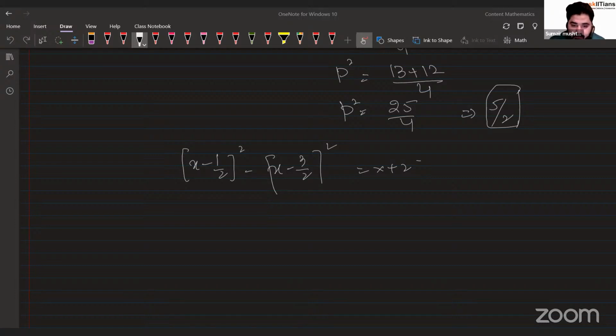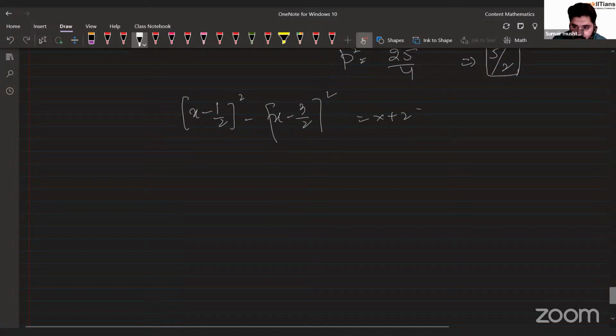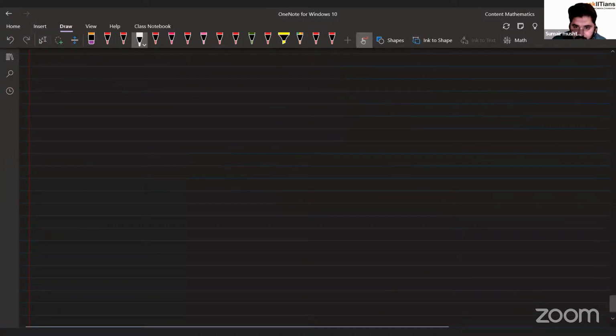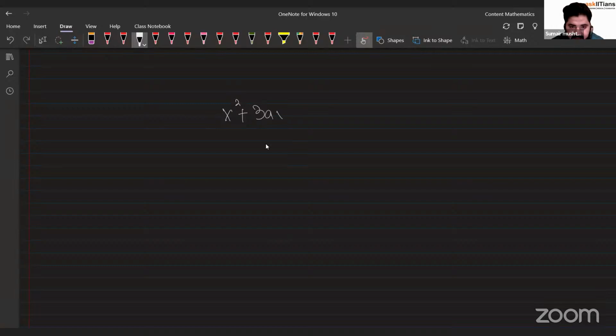Okay, a question for you. x square plus 3ax plus 2a square is equal to 0. I'm giving a little bit harder questions as well so that you are perfect in this.